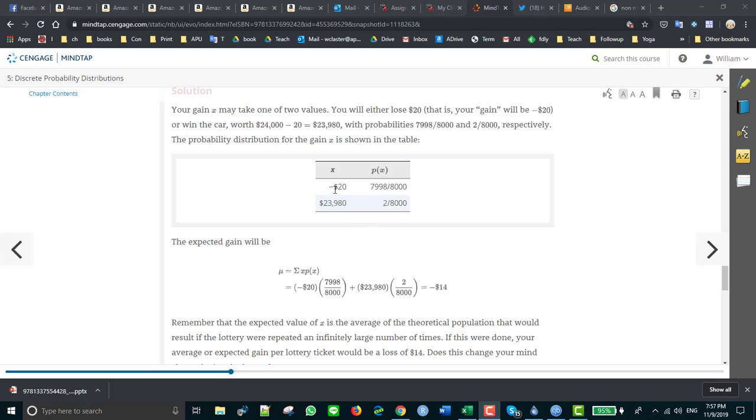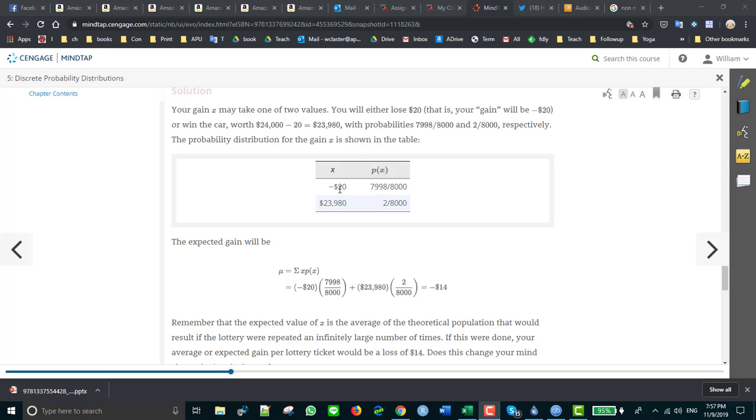So one of the possibilities for x is that it's minus 20, that is you lose, and you lose $20 because you paid for 2 tickets, and the other is that you win the car, and the net effect of that is this. And then you write the probabilities, and then we have the probability distribution, and then we can figure this mu out, which is the expected value of the game, or the expected gain, or we could say the expected value of the game.